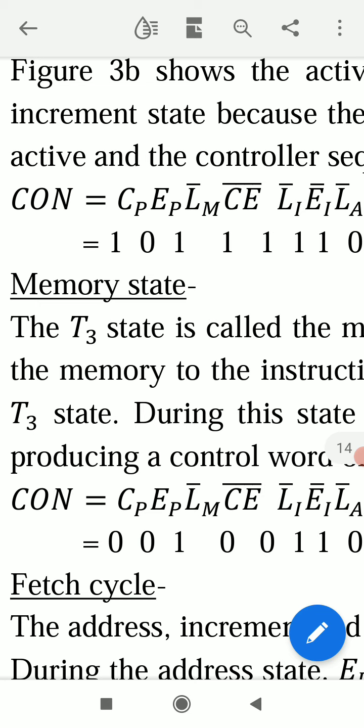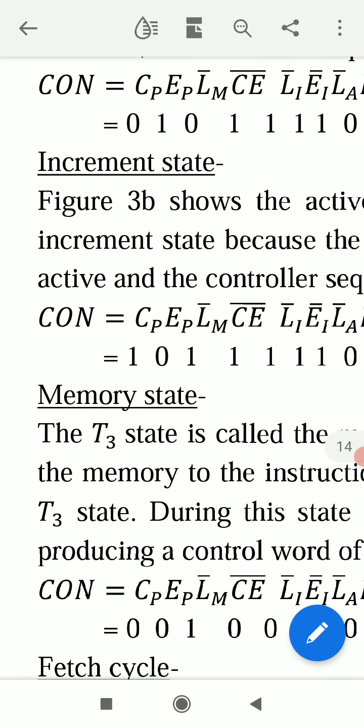In this 12-bit control word in the T2 state, only the first bit, that is CP, is active, it is 1, and all other bits are inactive.